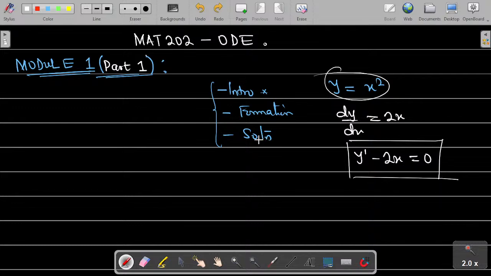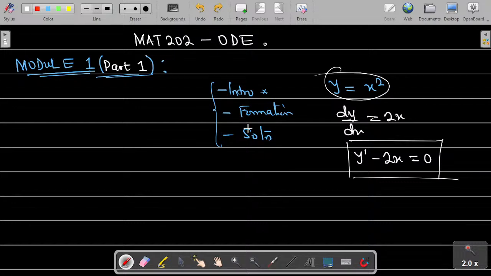I was saying that I've already defined the solution of a differential equation, and then we are going to take examples on that, which will include asking the question of whether this function is a solution of a differential equation or not, and all of those basics of ordinary differential equations.